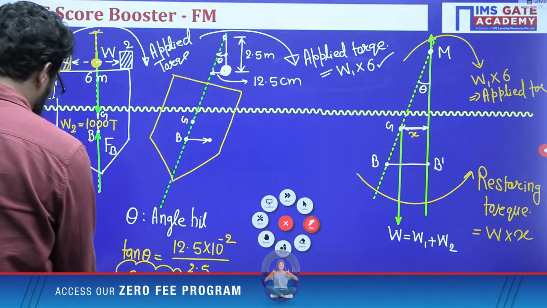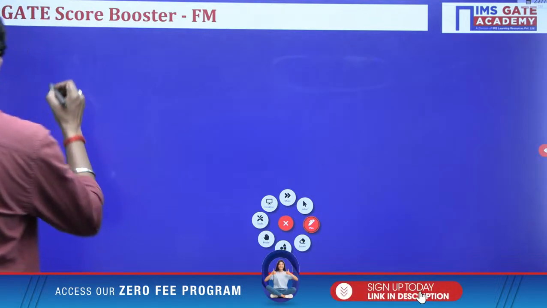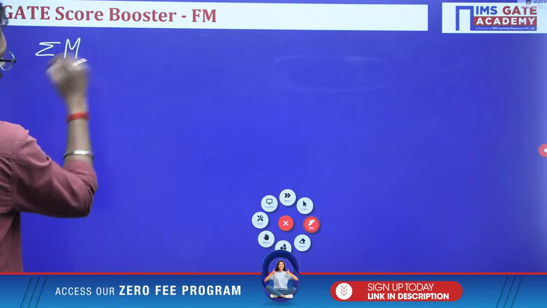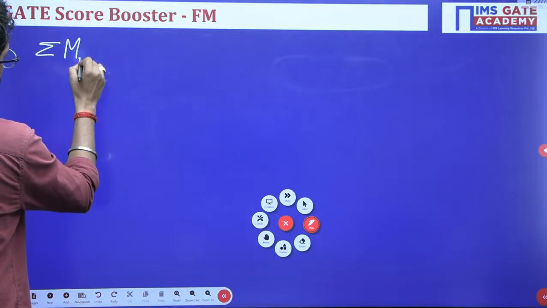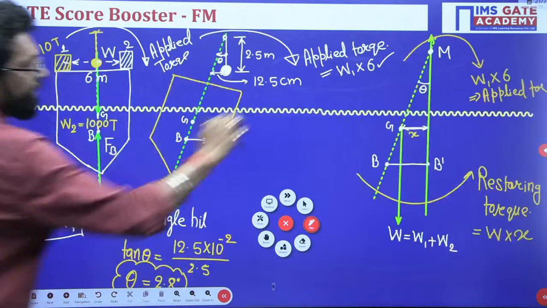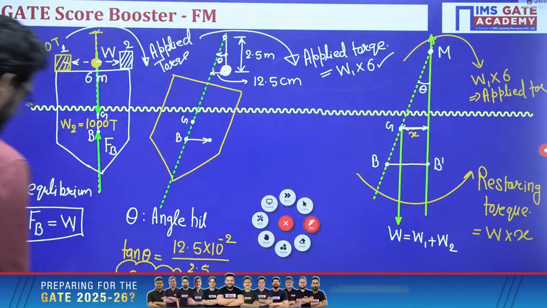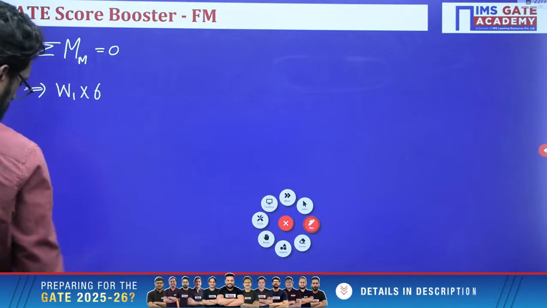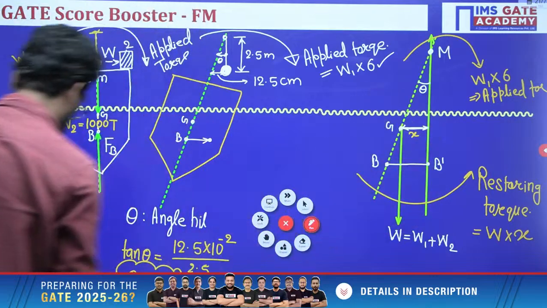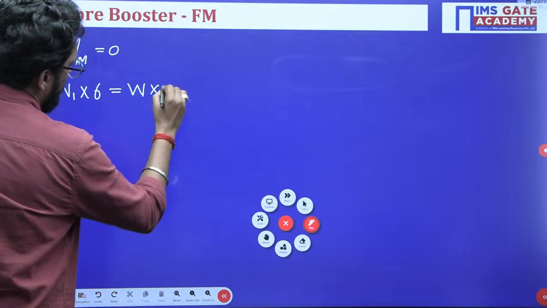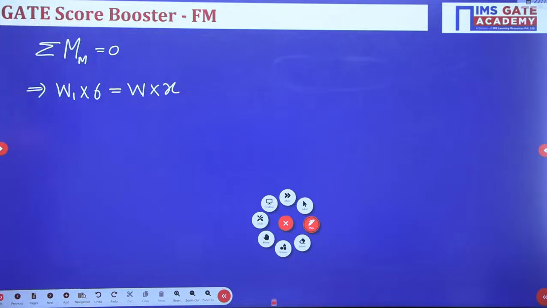The summation of all the moments at the metacenter is equal to 0. So W1 into 6 is clockwise, and this is anticlockwise, the restoring torque, W into X.